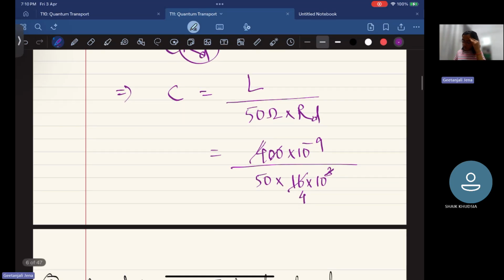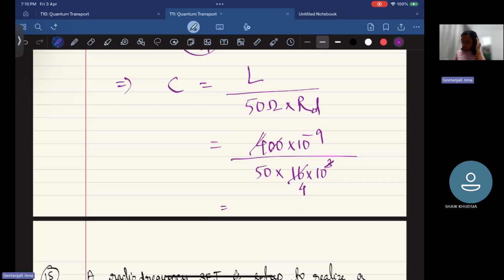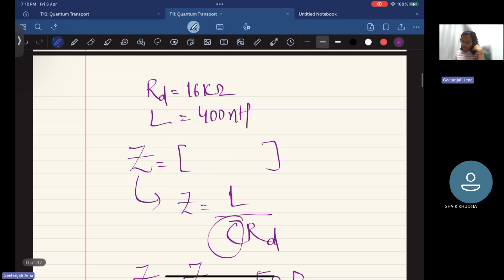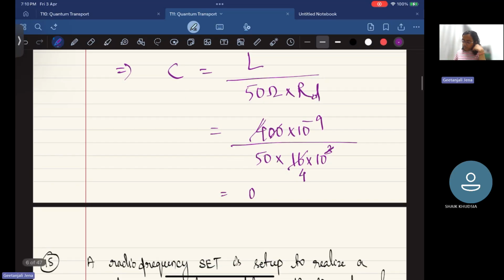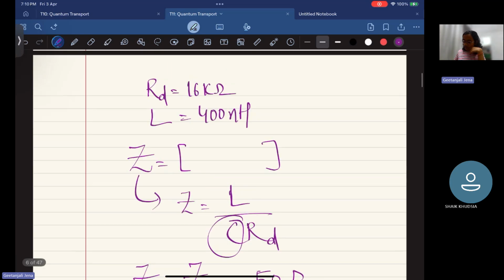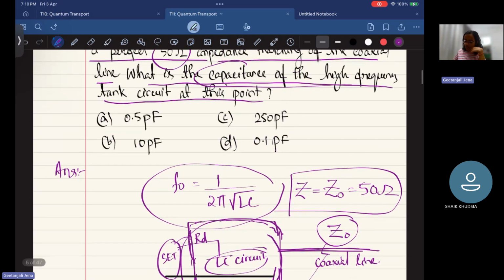So you will get around 0.5 picofarad. Okay, the answer would be option A.